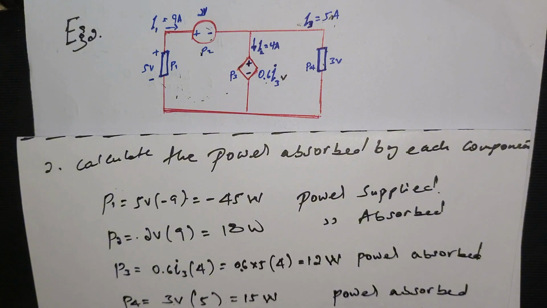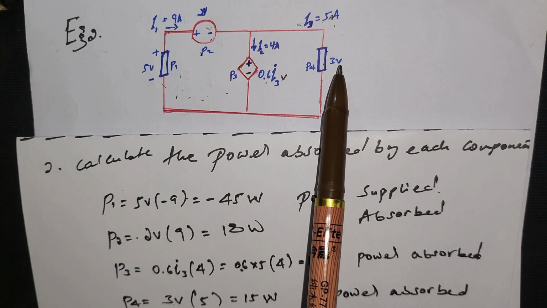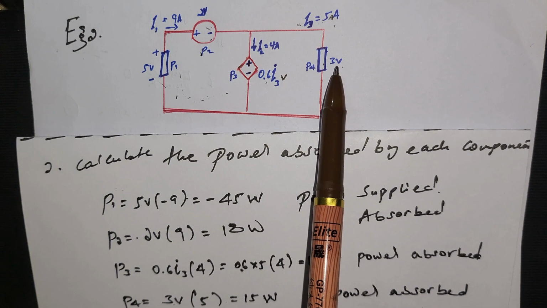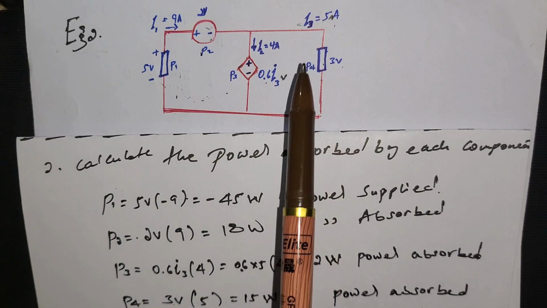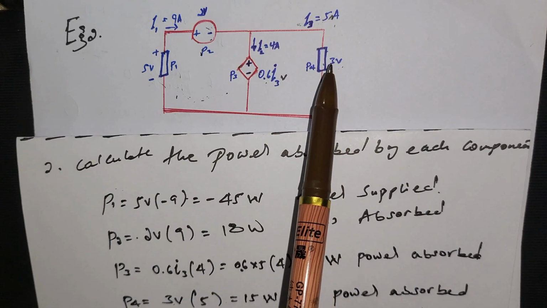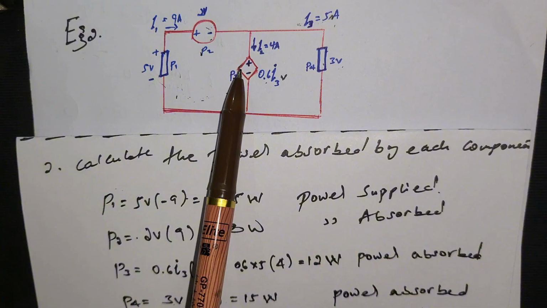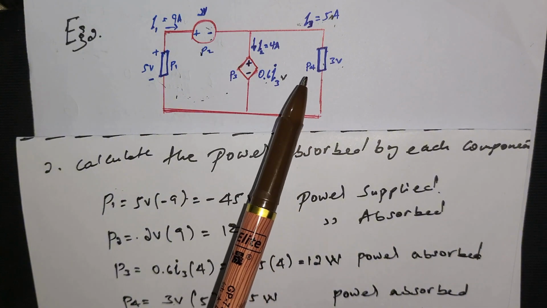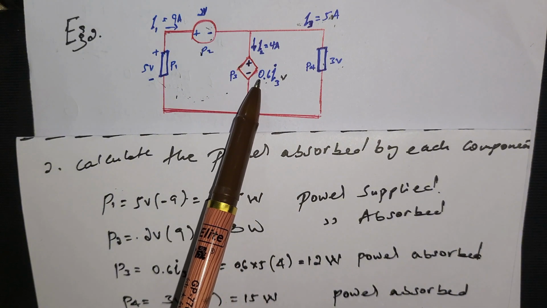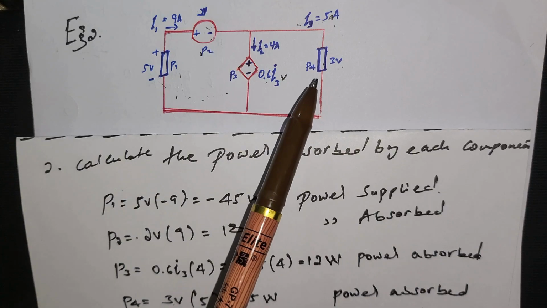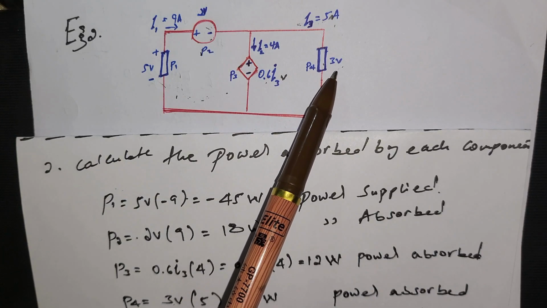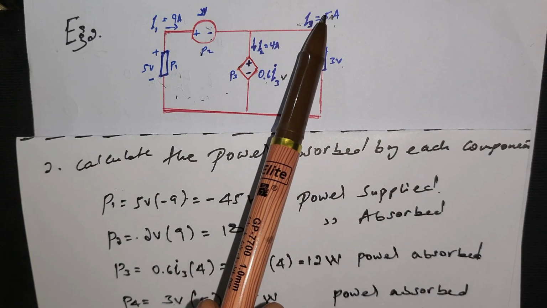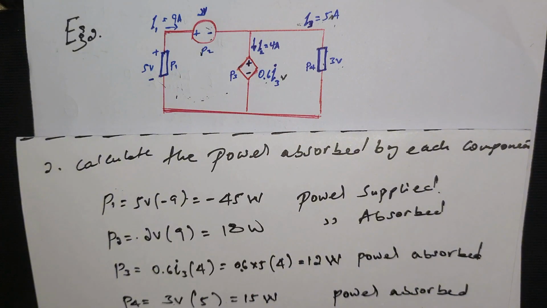For P4, the component has 3 volt. It's perfectly parallel to this one, so both have the same voltage. It's already given 3 volt. The amount of current is 5 ampere.